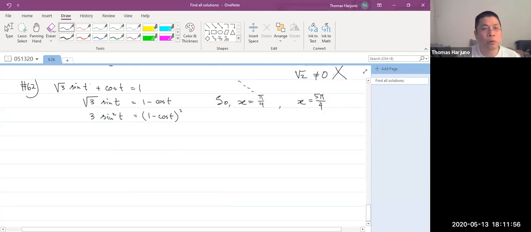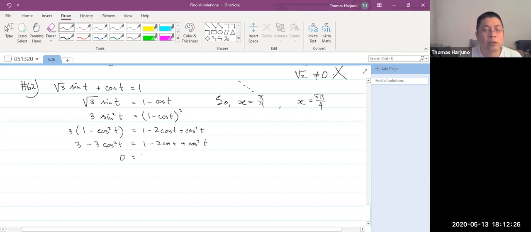I will change this to cosine on one side. So 3 times 1 minus cosine squared t. This is 1 minus 2 cosine t plus cosine squared t. And then 3 minus 3 cosine squared t equals 1 minus 2 cosine t plus cosine squared t. Set one side equal to 0: 4 cosine squared t minus 2 cosine t minus 2.